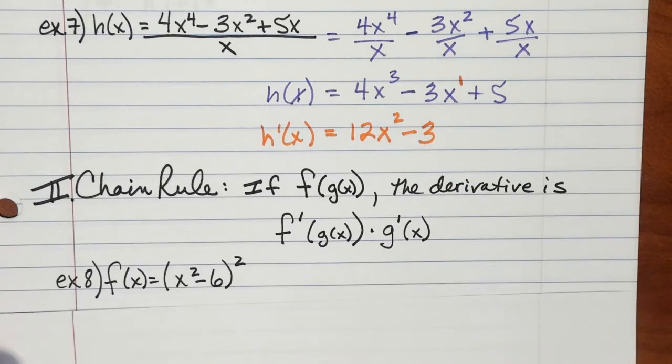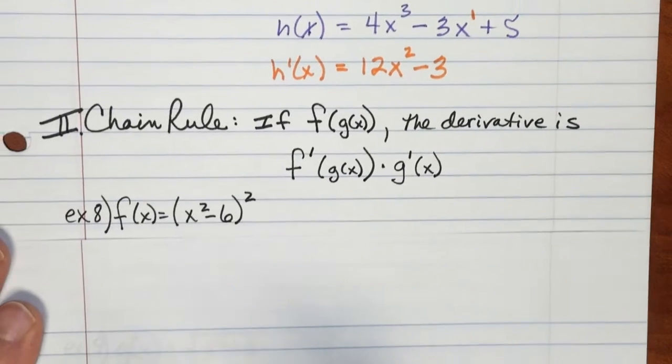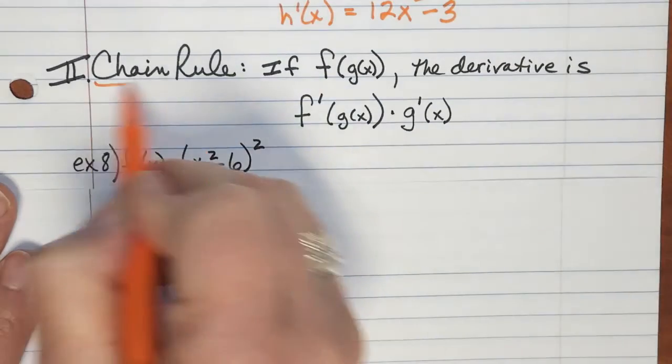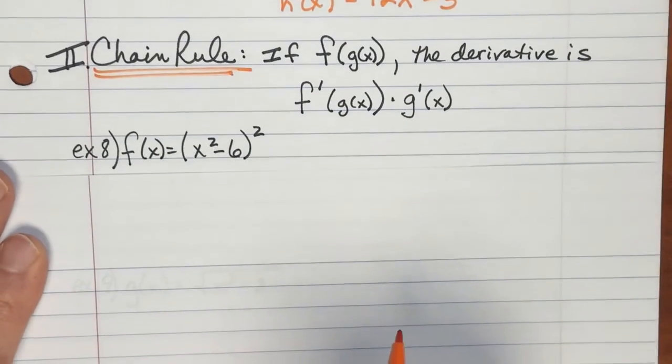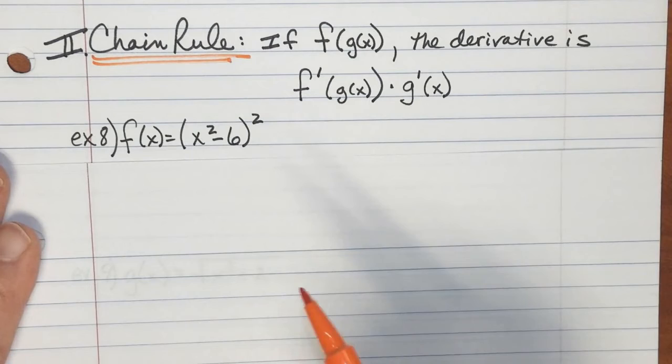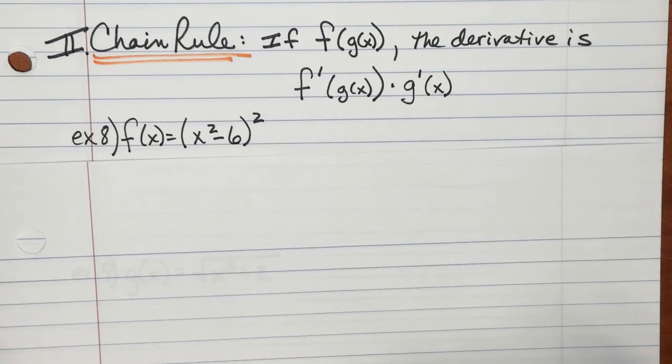Now, the second type of derivatives that we're going to do today are the chain rule. And that's because you're going to link them together. So pause it for a minute, copy that down.